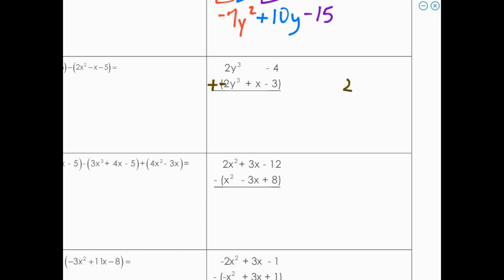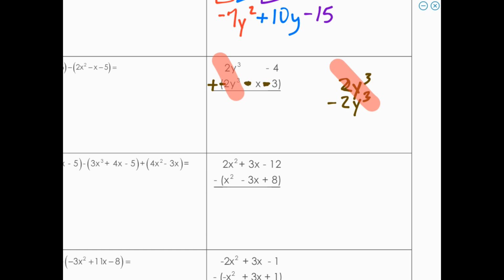Because 2y cubed minus 2y cubed cancels out, doesn't it? Okay, so that would cancel. And doesn't 2y cubed plus a negative 2y cubed also cancel? Yes. Okay, so that's what we're doing when we're distributing that minus sign.